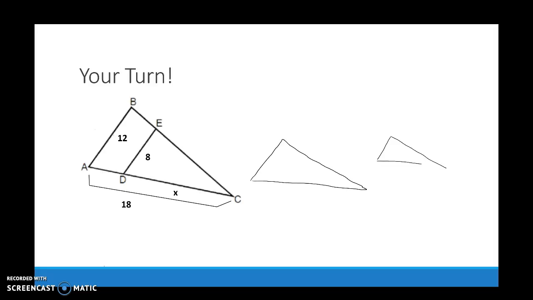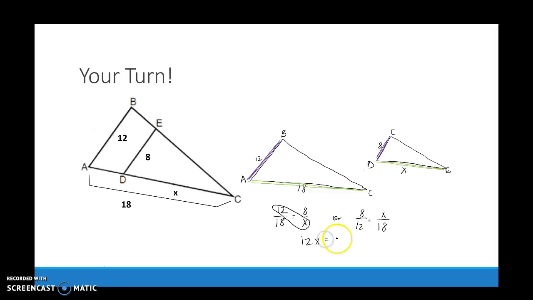All right, so go ahead and press pause and work on it. Okay guys, so once you draw your shapes, make sure that you go ahead and label them, your corresponding sides with the different colors, and then write your proportion. So either way, you will have 12 times x, and then you'll do 18 times 8.